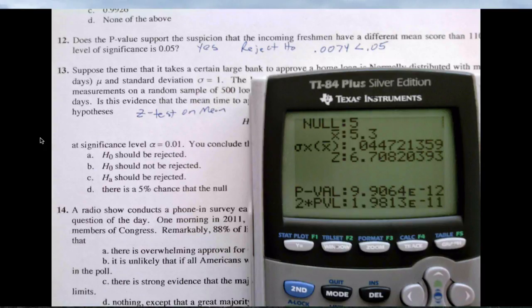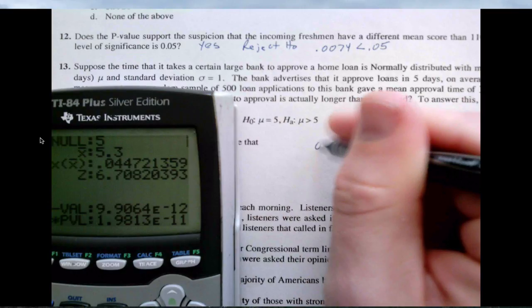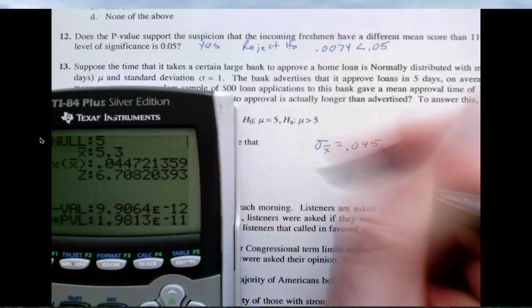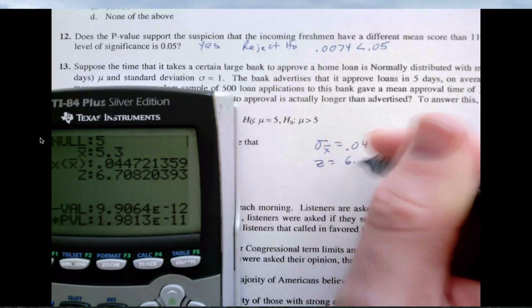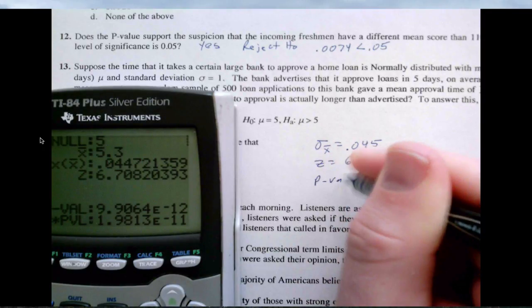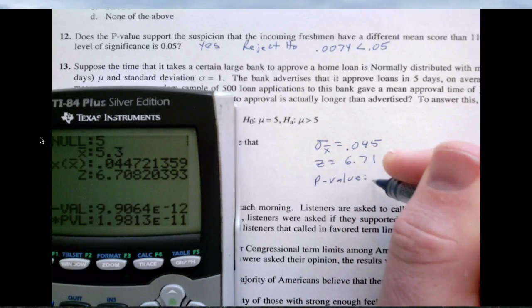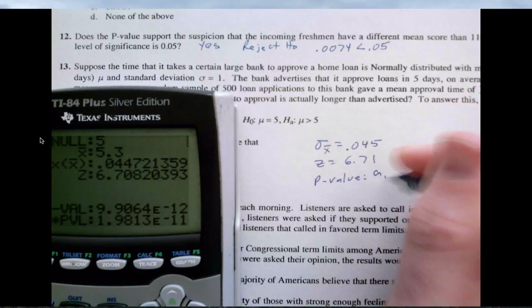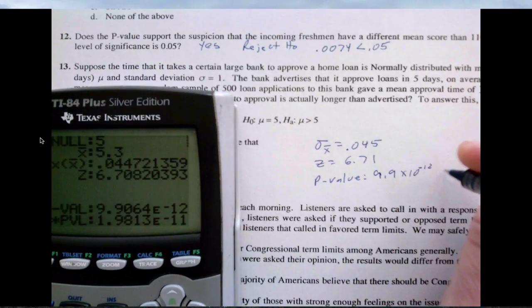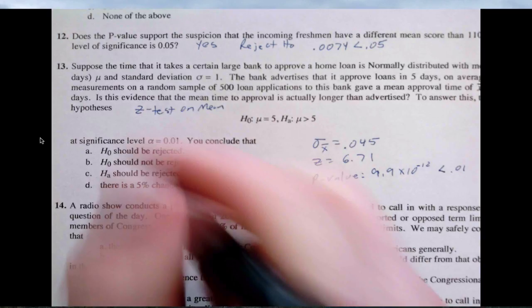Okay, now, they're just asking if we should reject or not, but they might ask something else later, so I'm just going to record the significant things that I need. The z-value here is 6.71, which is an enormous z-value. It's a one-sided test, so we're going to use the p-value of, and again, it was 9.9 times 10 to the negative 12th, which is definitely less than 0.01. Okay, so we should reject.